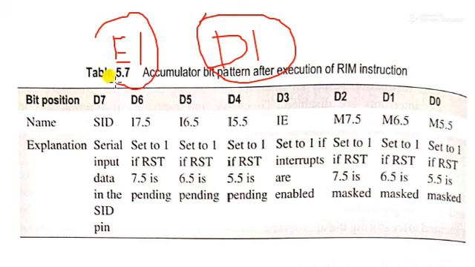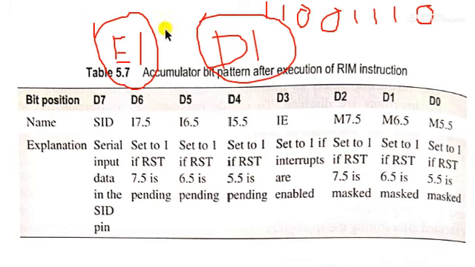Enable interrupt means we will enable all the interrupts at a time. But after the enable interrupt, we can use the SIM instruction and mask interrupts, that is the frame format. Suppose it was 0 1 1 1 0 0 1 1, with D0, D1, D2, D3, D4, D5, D6, D7 from the previous example.